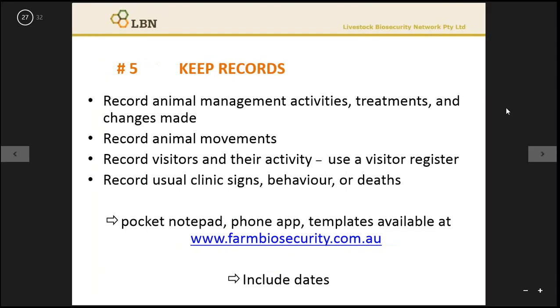Lastly, I just wanted to talk about record keeping. We're all probably not as good at this as we should be. But it's a really good way of recording what's happening on your farm, and when there's a problem, you can look back through your records and ask what's happened in the last week, 2 weeks, 5 weeks, 6 months.